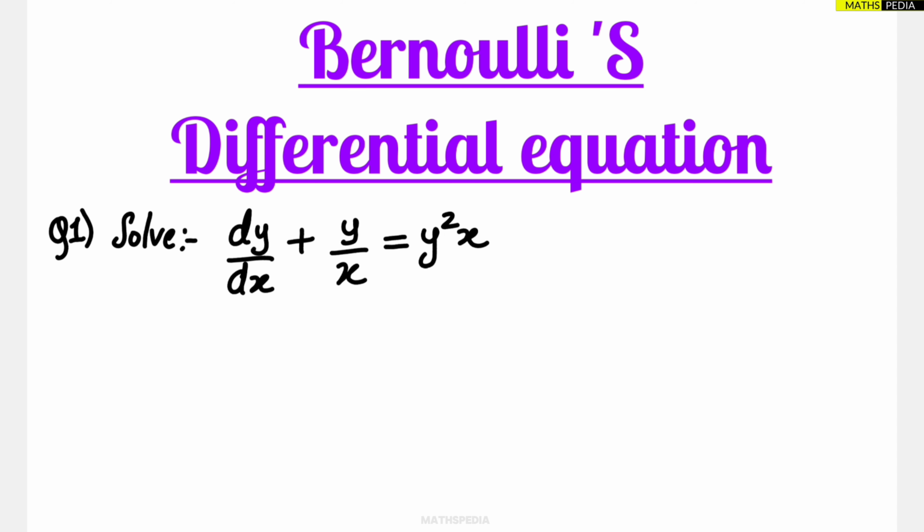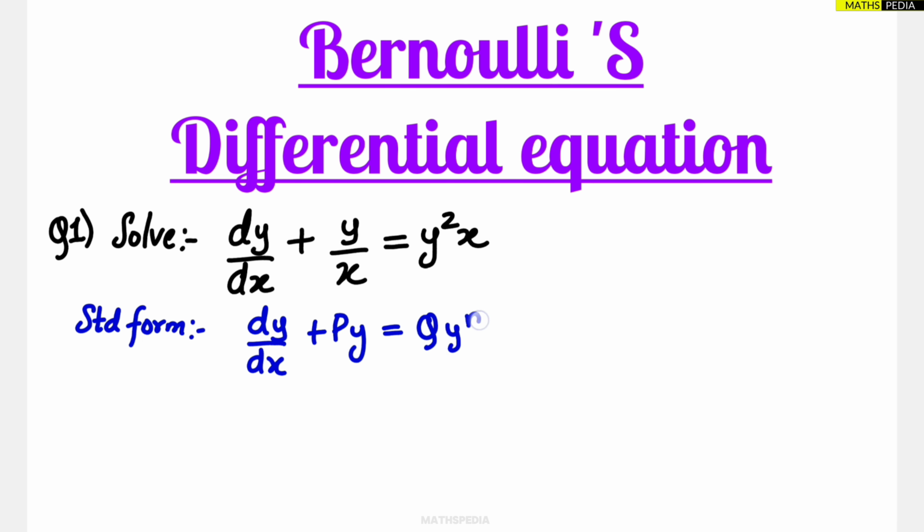So here, the standard form you first have to see. The standard form of Bernoulli's differential equation is given by dy by dx plus py is equal to q y power n. Now you'll ask me that we have studied two Bernoulli's differential equations, one in variable y, another with the variable x.